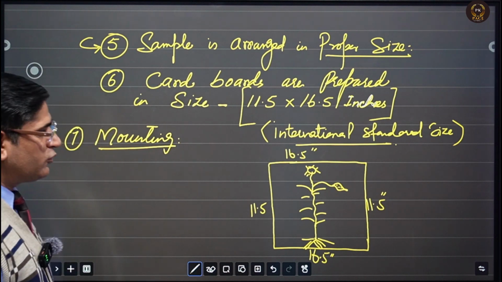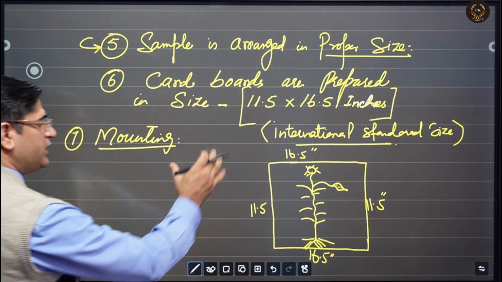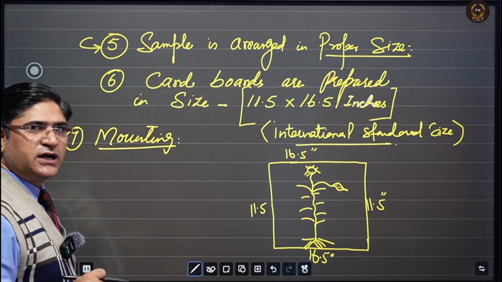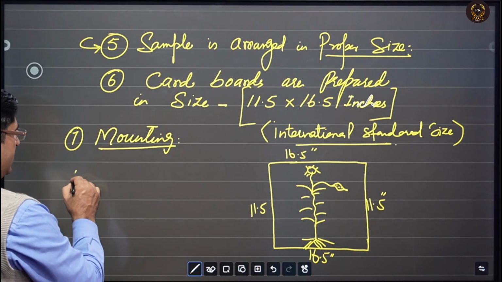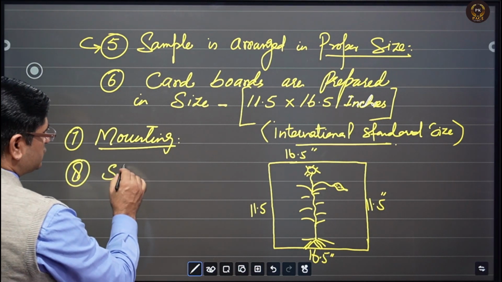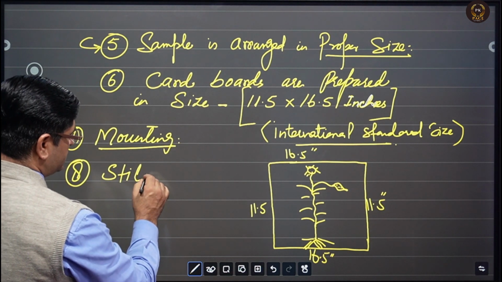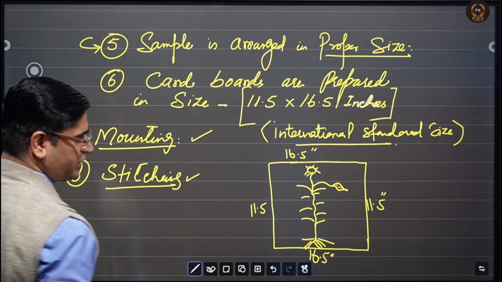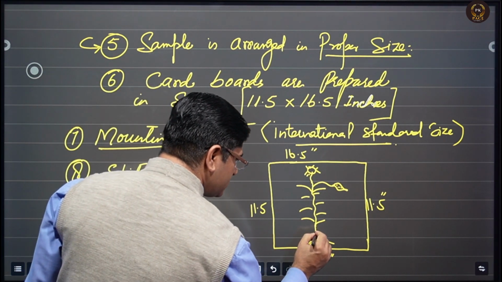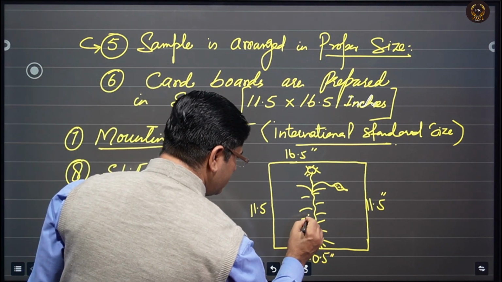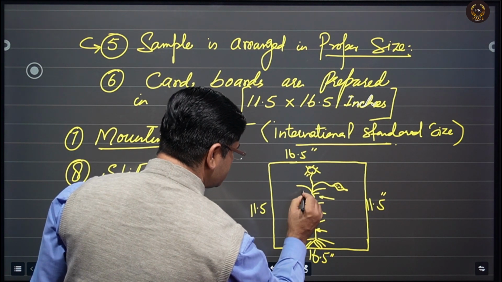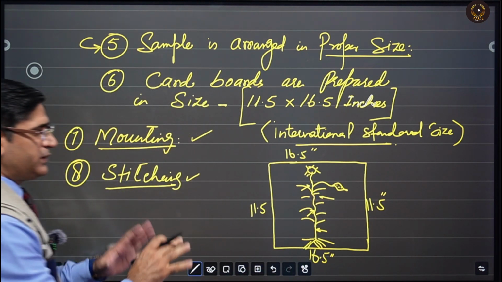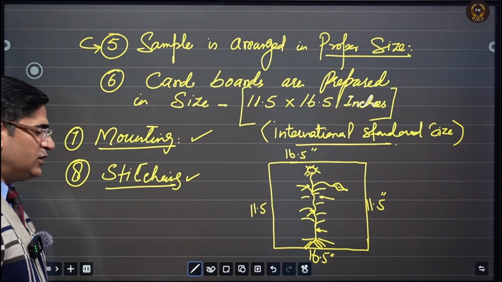That is called mounting. Properly mounted on the cardboard, then after the mounting, it is stitched. Small stitches are adjusted here that properly align the sample on this cardboard.